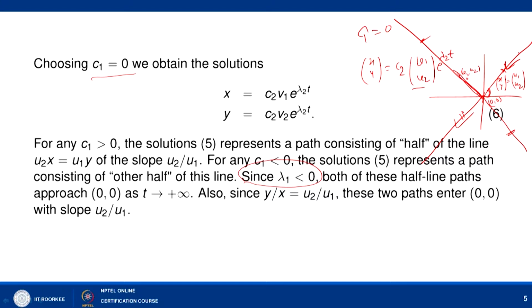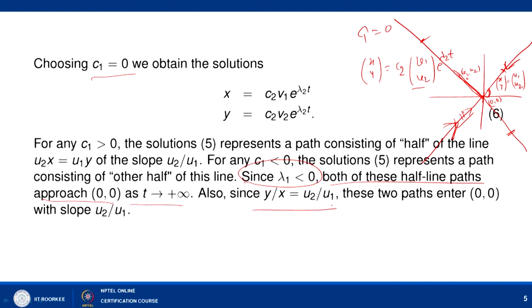Similarly, the solution will tend to 0 comma 0 if C1 is negative, approaching the origin along this line itself. So both of these half-line paths approach 0 comma 0 as t tends to infinity.